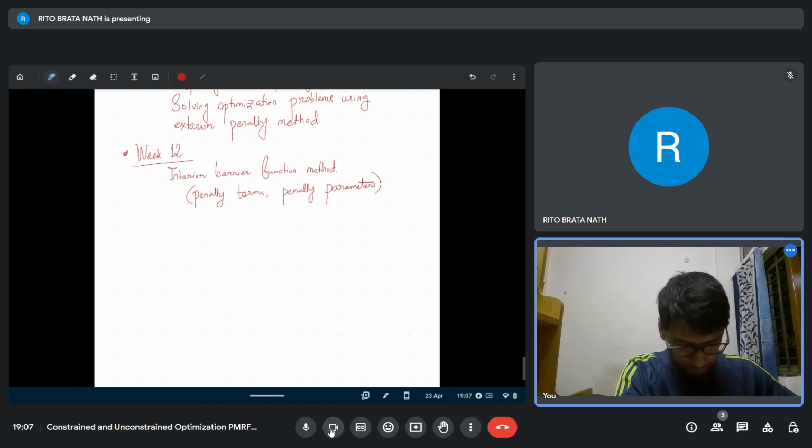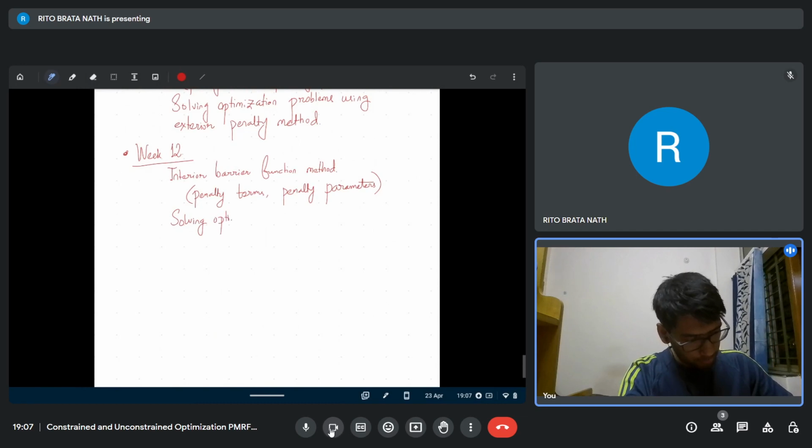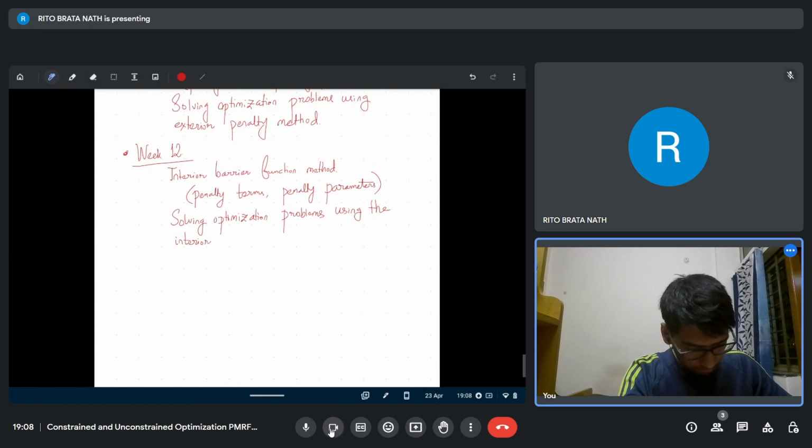Then solving optimization problems using the interior barrier function method.